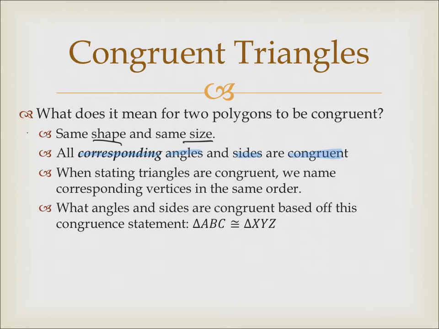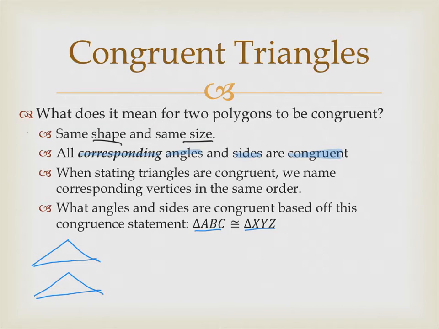And because it's so important that corresponding angles and sides are congruent, you have to be careful in how you name them. Which means if I were to draw these two triangles down here, triangle ABC and triangle XYZ, I'm going to make them obtuse triangles.